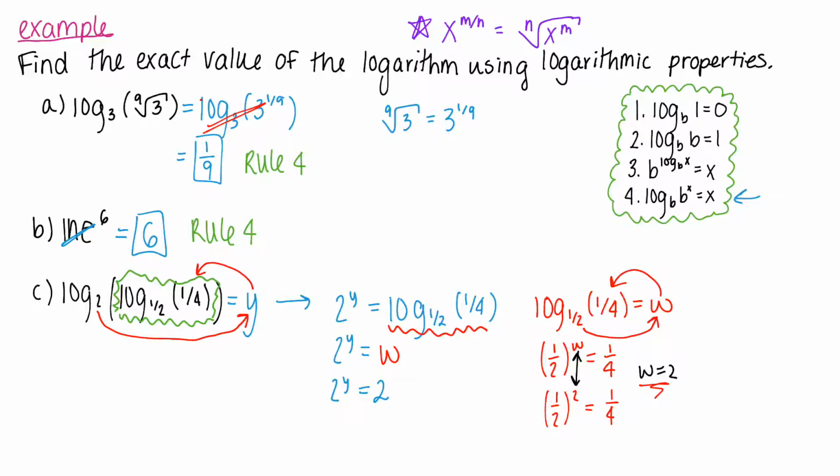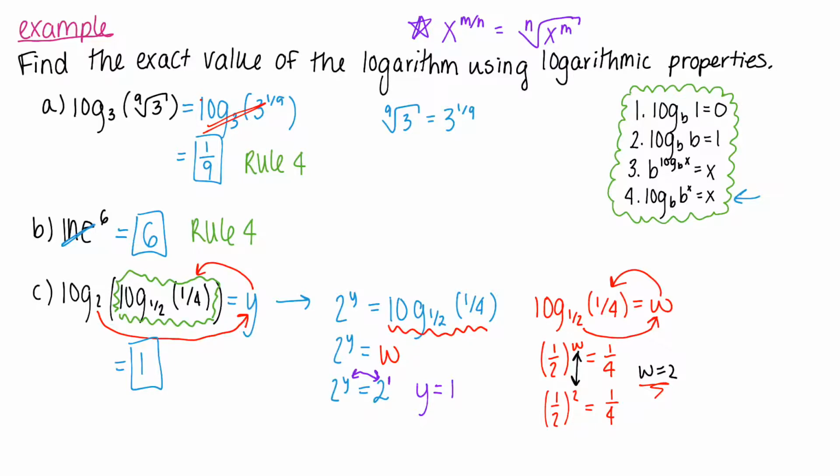So 2 to the y is equal to 2. 2 has a secret exponent right here. So that means that y should be equal to 1. So the value of this entire logarithm is 1. I guess I don't need to write y equals 1. This is just equal to 1.